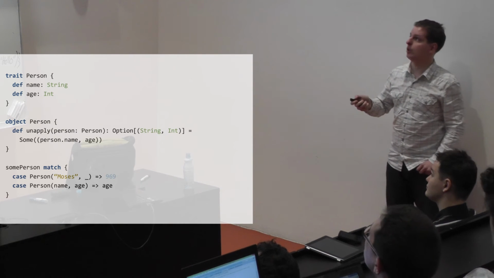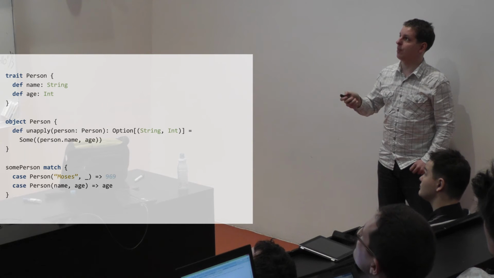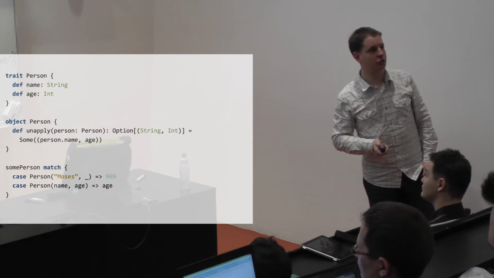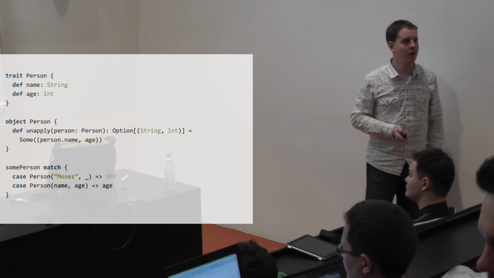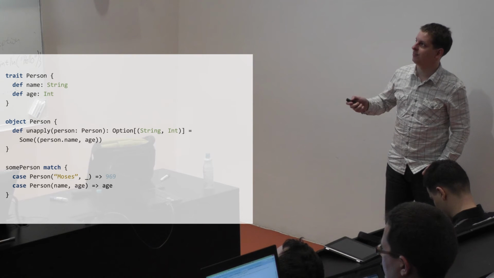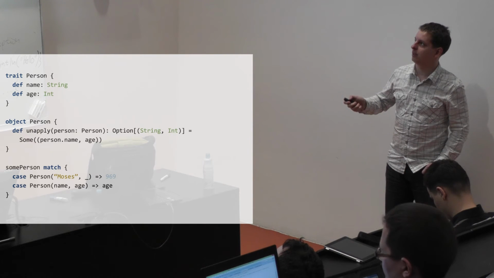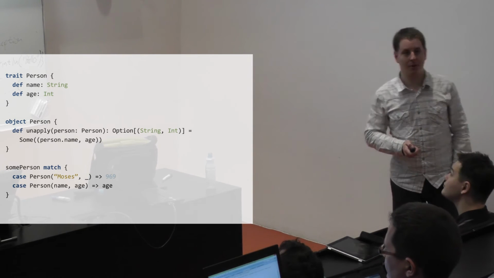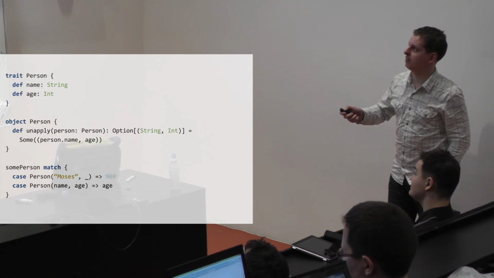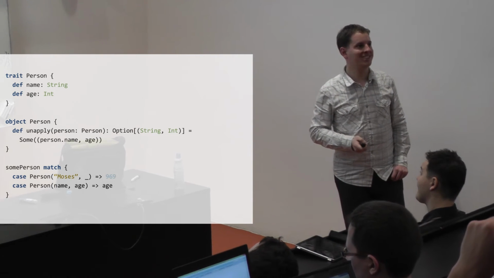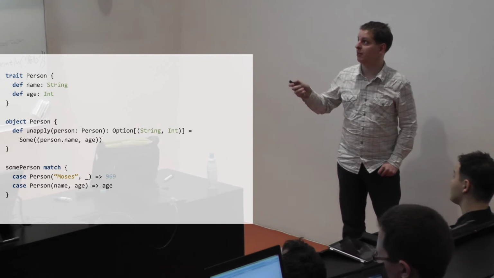And in this case, we might write this kind of pattern. So it is a constructor pattern. And the way a constructor pattern really works is that it finds an object with this name and looks for an unapply method which takes this and returns a tuple. And if it returns None, it does not match.